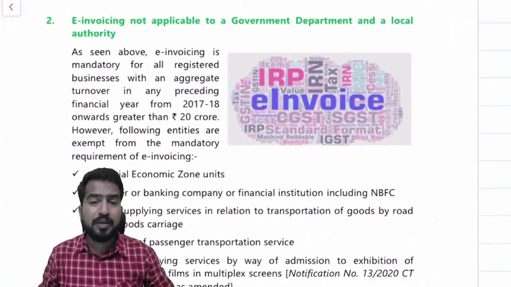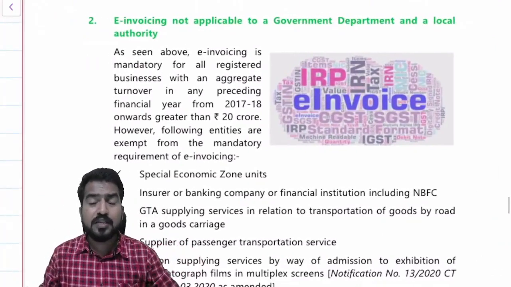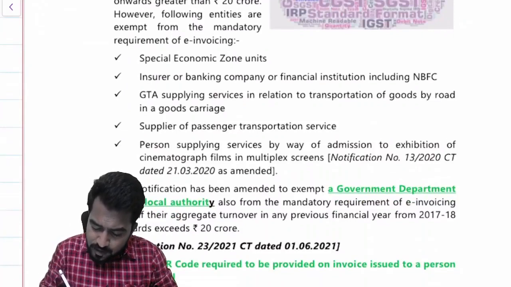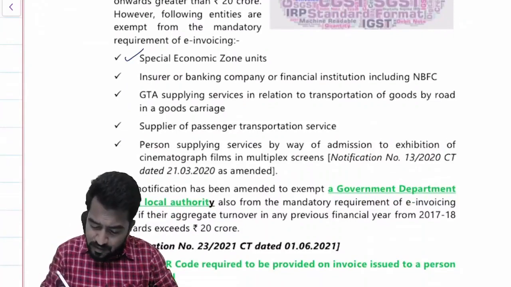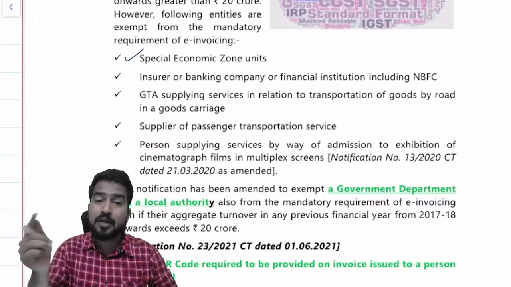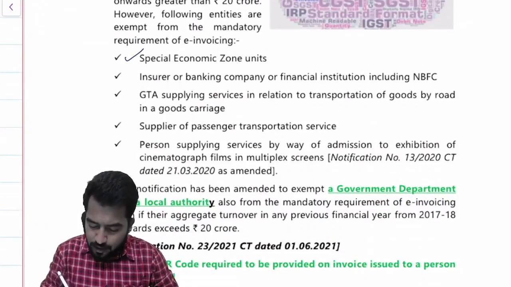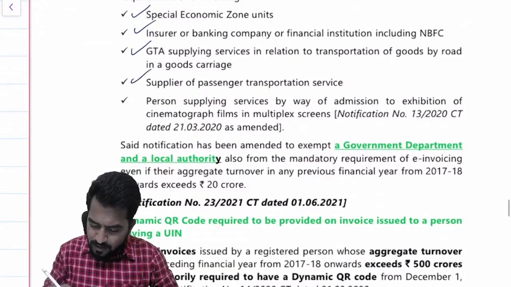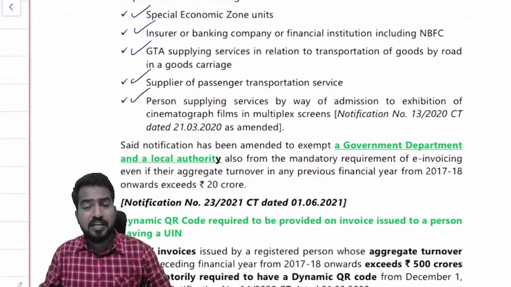And one more amendment in e-invoicing: it was not applicable earlier to units in SEZ, not the SEZ developer, and to insurers, banking companies, financial institutions including NBFCs, GTAs engaged in transportation of goods, suppliers of passenger transportation services, and those exhibiting cinematographic films.